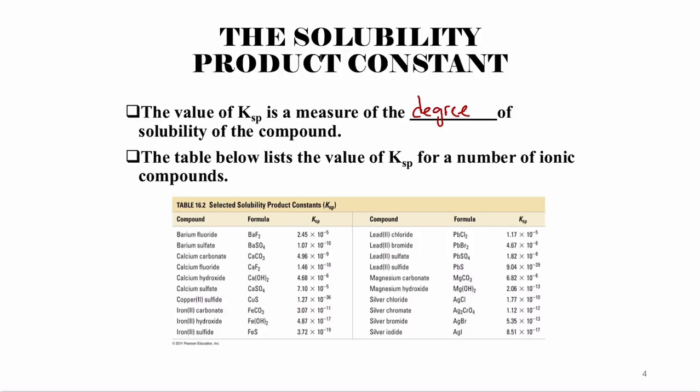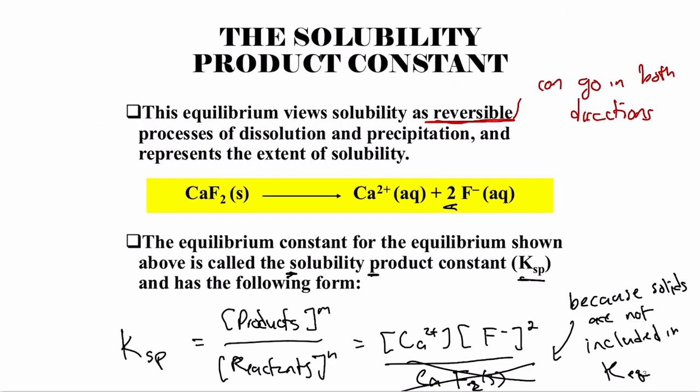So if we have something that's very, very small in terms of our equilibrium constant, what's favored at equilibrium? The reactants, right? And in our case, the reactants are the solid, right?